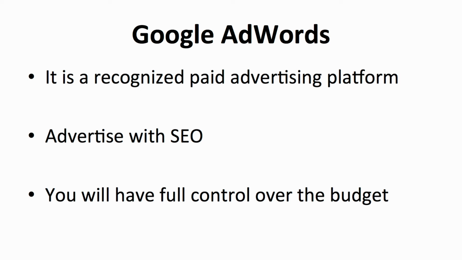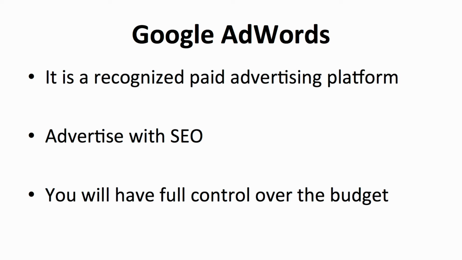Google AdWords advertises with SEO or search engine optimization. You'll need to understand more about the keywords in your niche in order to get a good result for SEO, which I'll talk about later on in another video. With Google AdWords, the budget you are going to spend for this is fully under your own control.